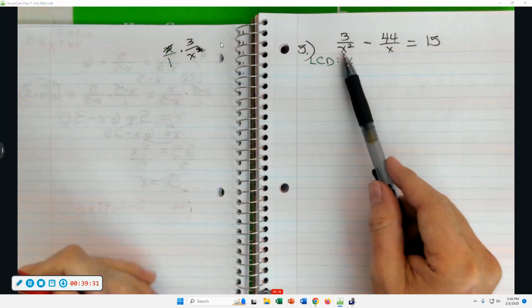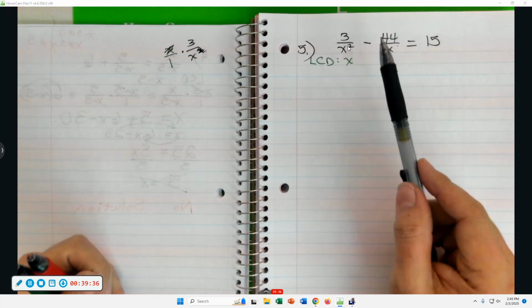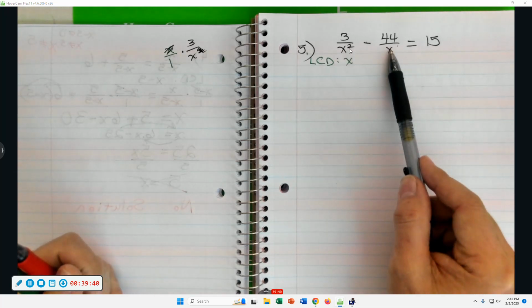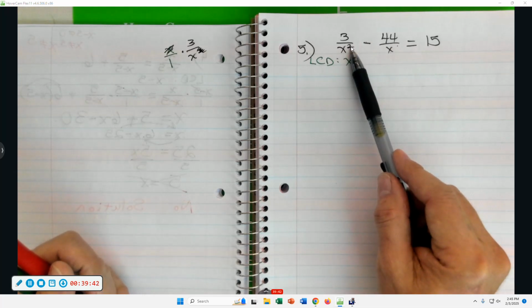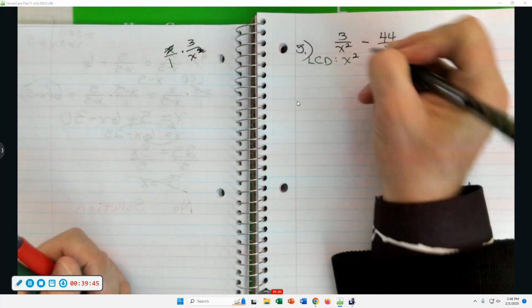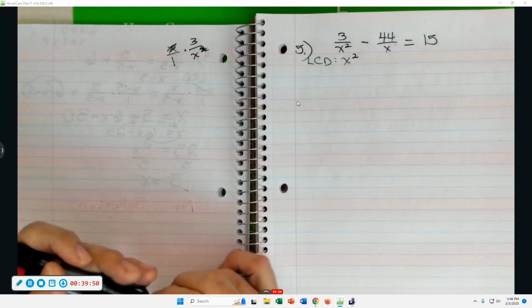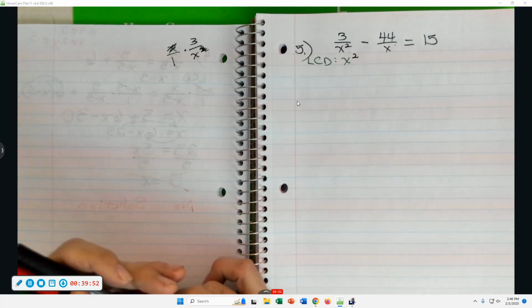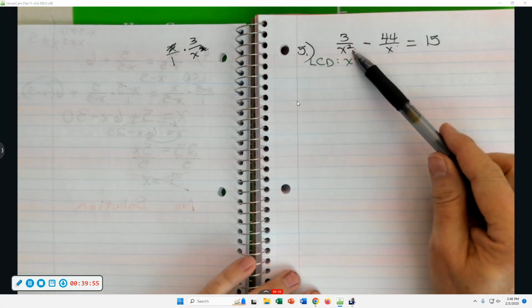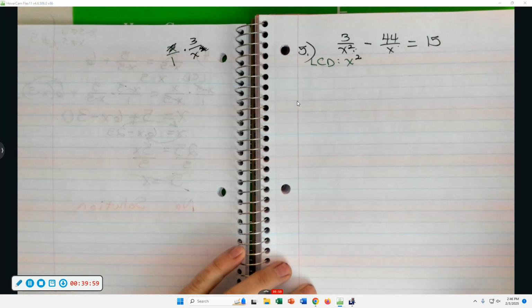If you have repeated factors with different powers on them, for your least common denominator you use that factor, but use the largest exponent that appears. So x squared. You're going to be multiplying by an x squared. If you just use an x, you're not going to get rid of both of the x's in this first fraction's denominator. Any questions there?